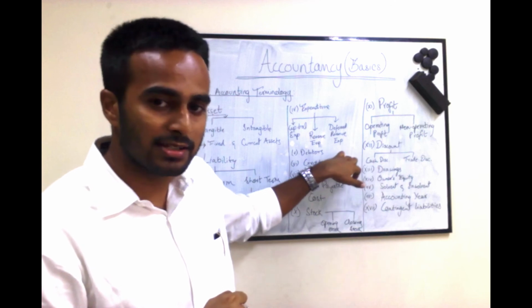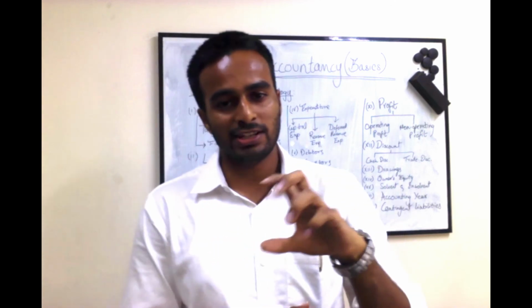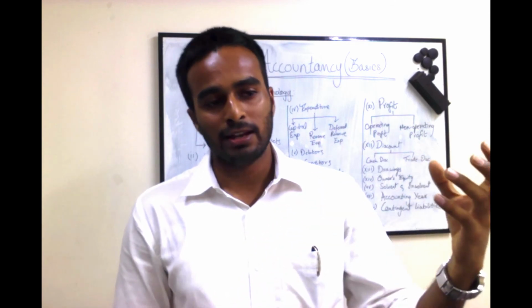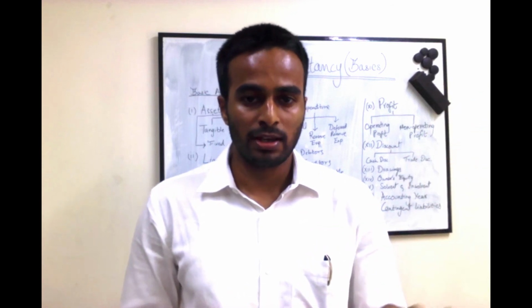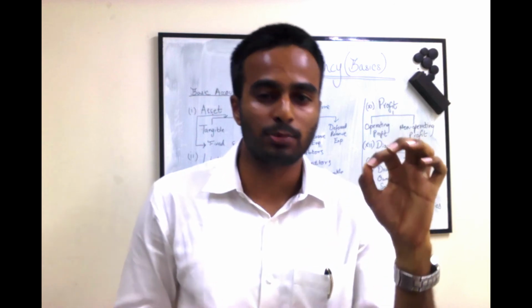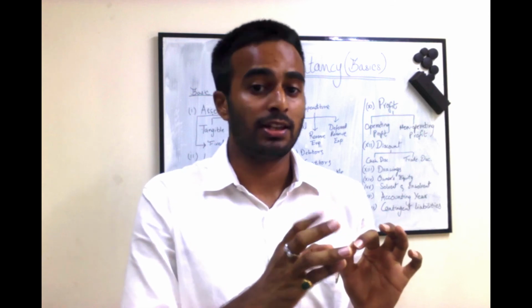Now when I say cash discount, instead of making the person who has to pay you money pay you at a later point of time and showing him as a debtor in your books, let him pay the whole amount right now. For that, you give him a small discount. If you pay me in cash, I'll give you a 5% discount. Now why is this useful?